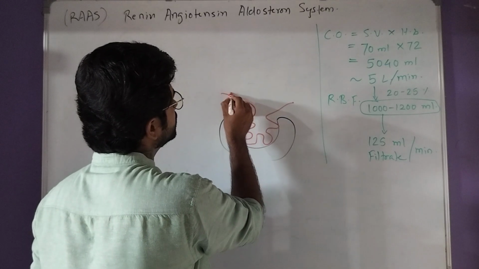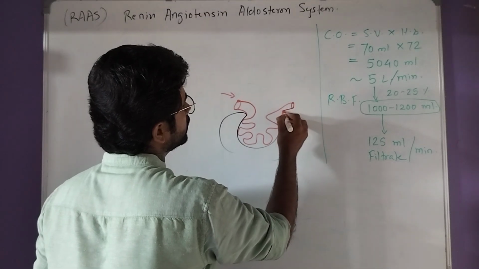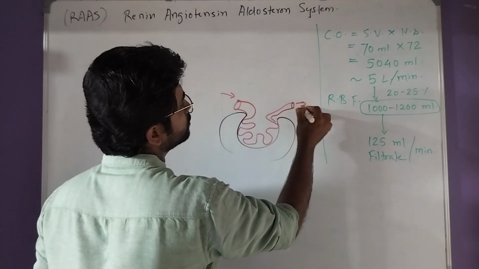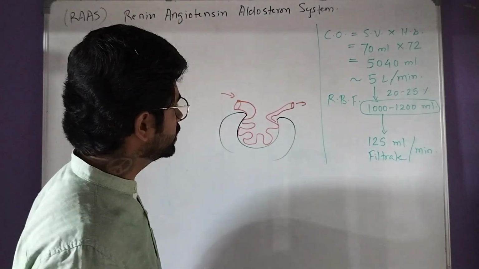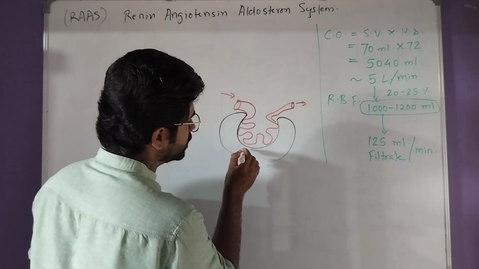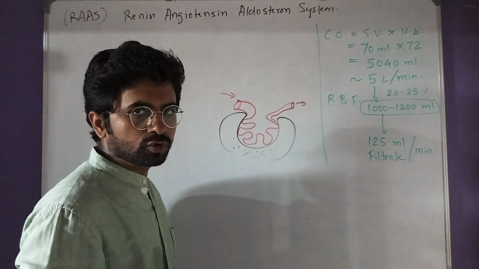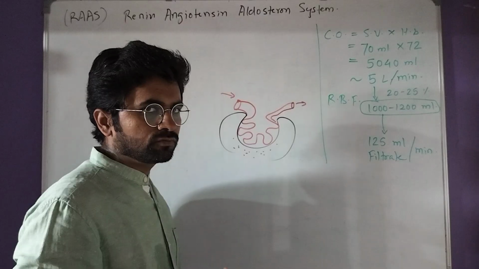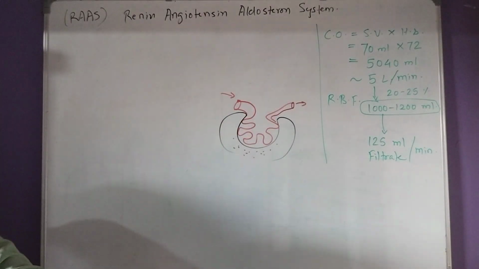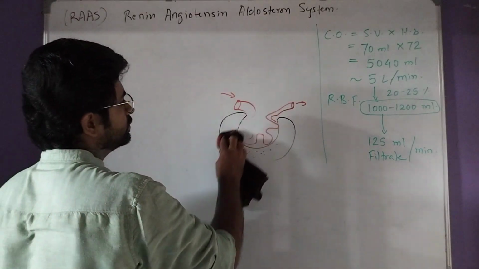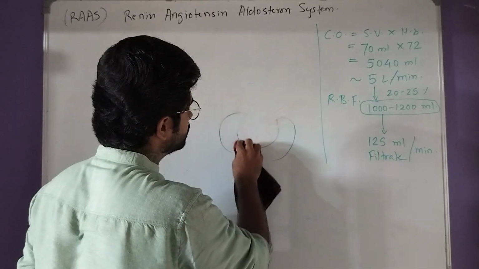The blood is coming from the afferent and exiting from the efferent. So 125 ml of filtrate is actually formed here. We call it ultrafiltration.